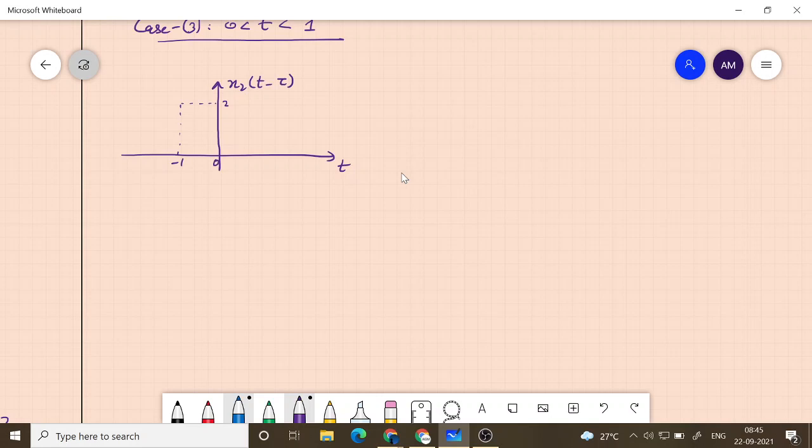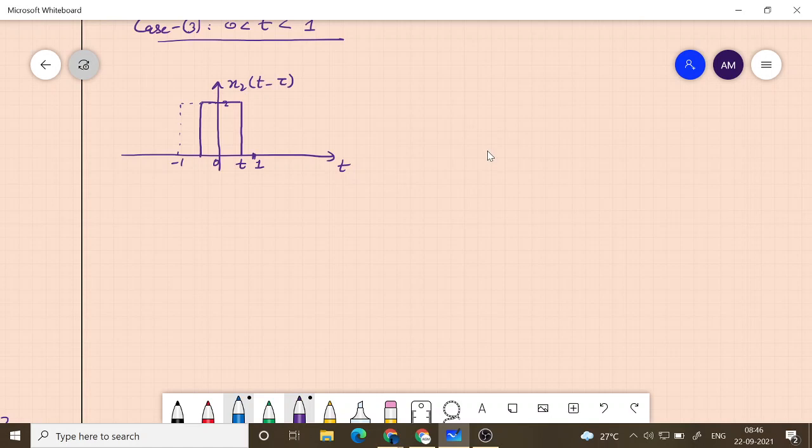Whatever is at 0 will go to t, because t is somewhere here and 1 is somewhere here. It doesn't go up to 1, it is somewhere between, and since it is shifted to the right, the new region is like this.